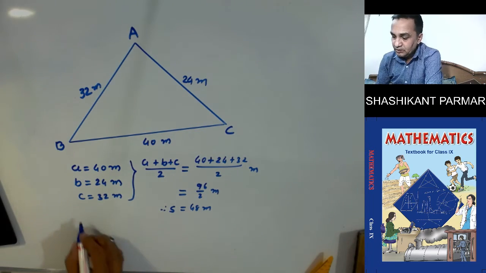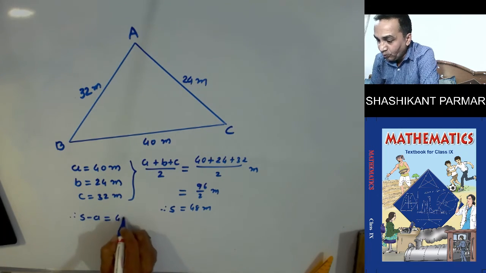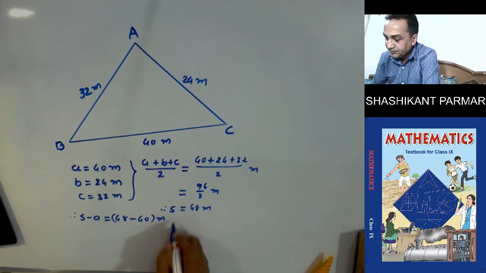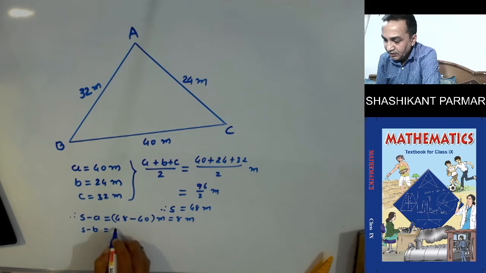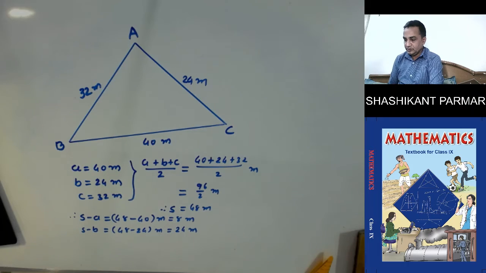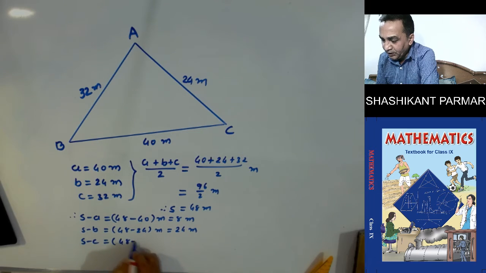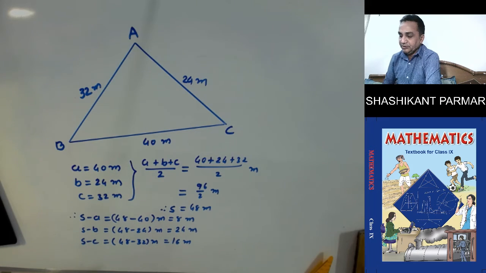Now therefore s minus a is equal to 48 minus 40 meter, which is equal to 8 meter. s minus b is equal to 48 minus 24 meter, which is 24 meter, and s minus c is equal to 48 minus 32 meter, which is 16 meter.